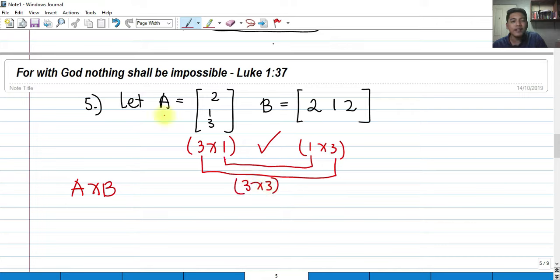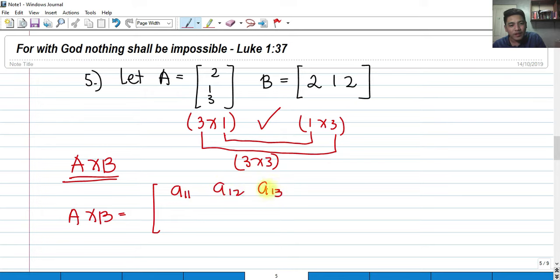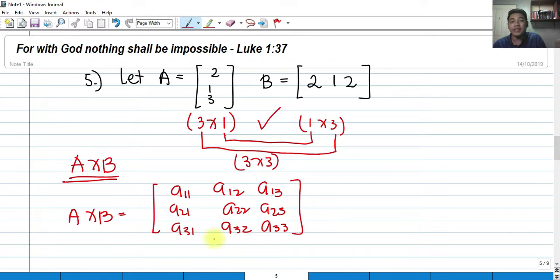So if we multiply these two matrices, the result should be a 3 by 3. If we write the A times B matrix, we will have A11, A12, A13, A21, A22, A23, A31, A32, and A33. So this is the representation of a 3 by 3 matrix.